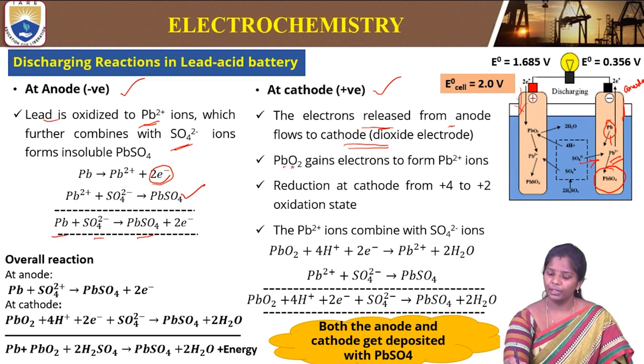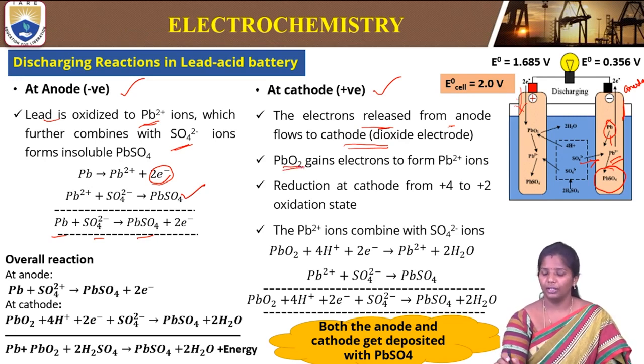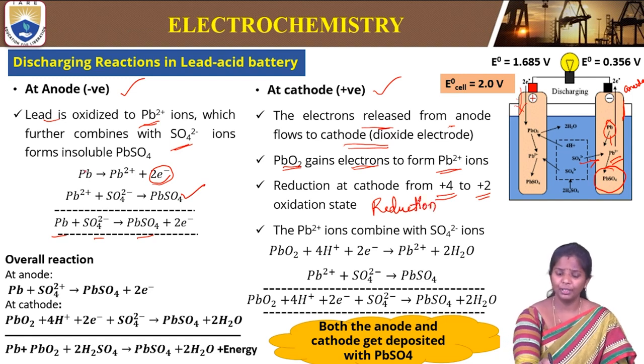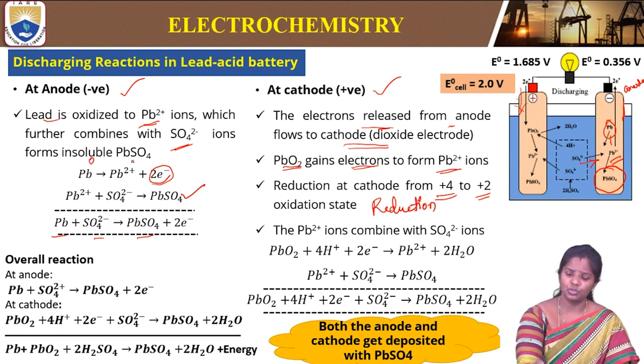So this PbO2, that is lead dioxide, gains 2 electrons to form Pb plus 2 ions. The lead is changing its oxidation state from plus 4 to plus 2. It is reduction. So reduction is happening. And at the anode, from 0 state to plus 2 state, oxidation is happening.